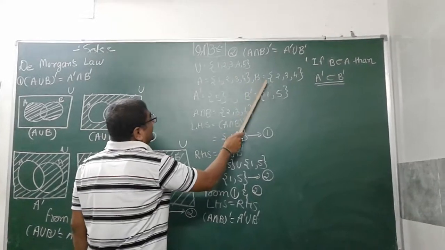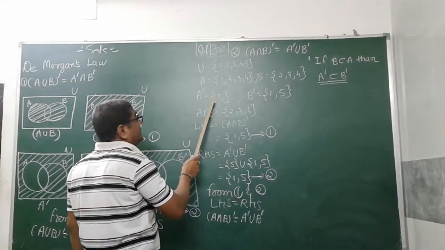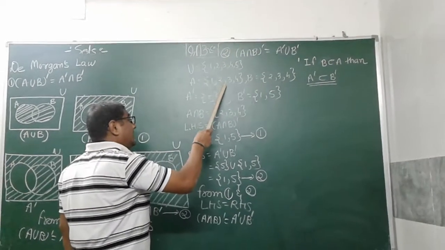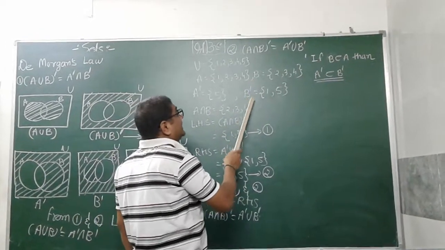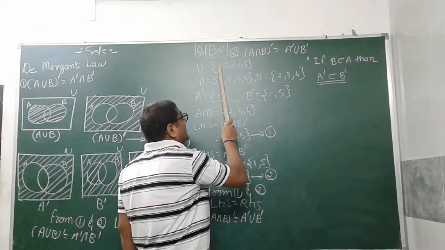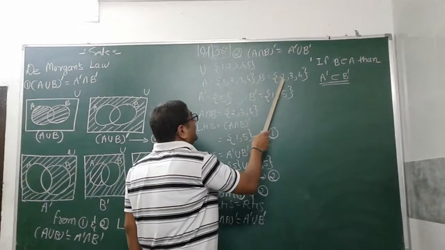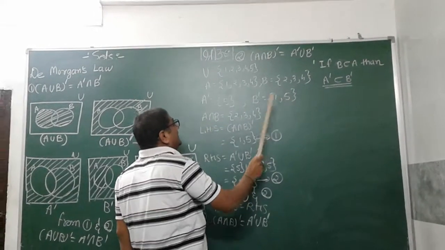Set B is 2, 3, 4. Now the complement of A means the elements present in the universal set but not in A, that is 5. B complement is the same thing: present in the universal set but not in B. Out of 5 elements, 3 are in B, so B complement has 2 elements, that is 1 and 5.